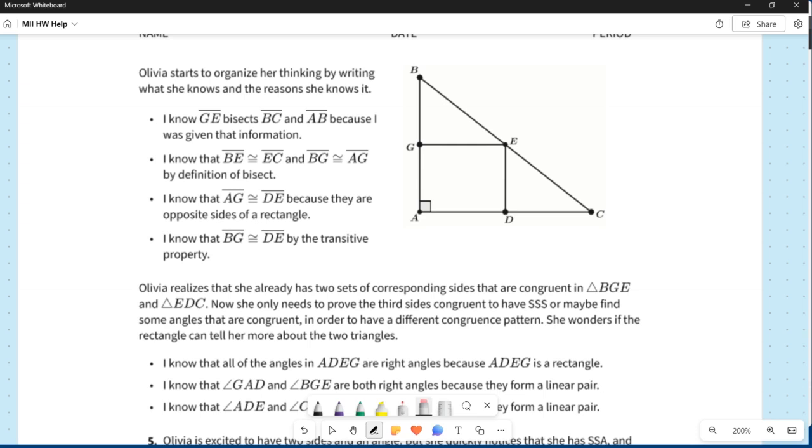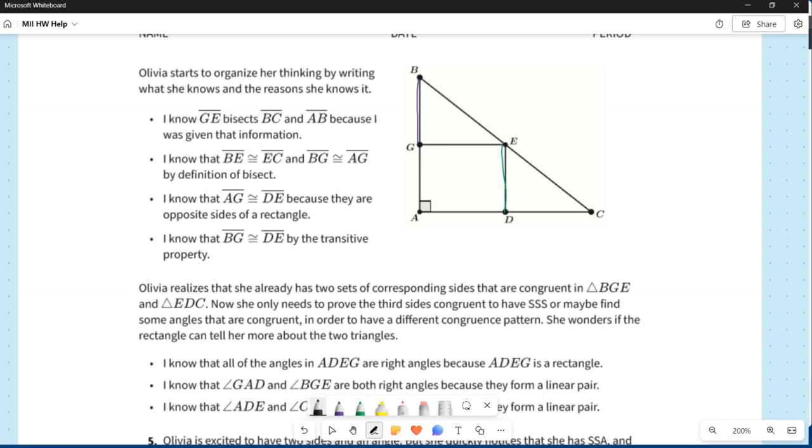And Olivia also knows that BG up here is congruent to DE down here by the transitive property.